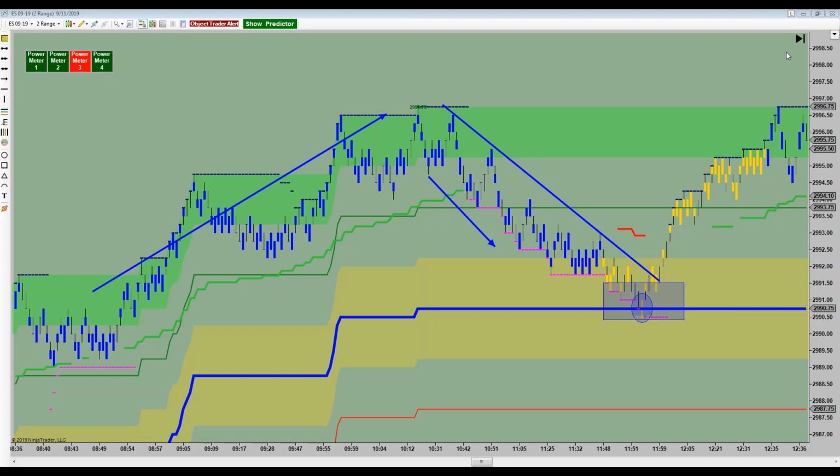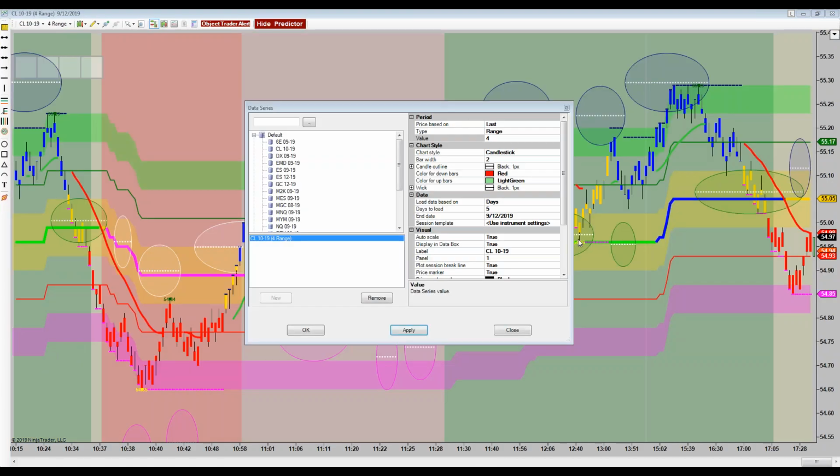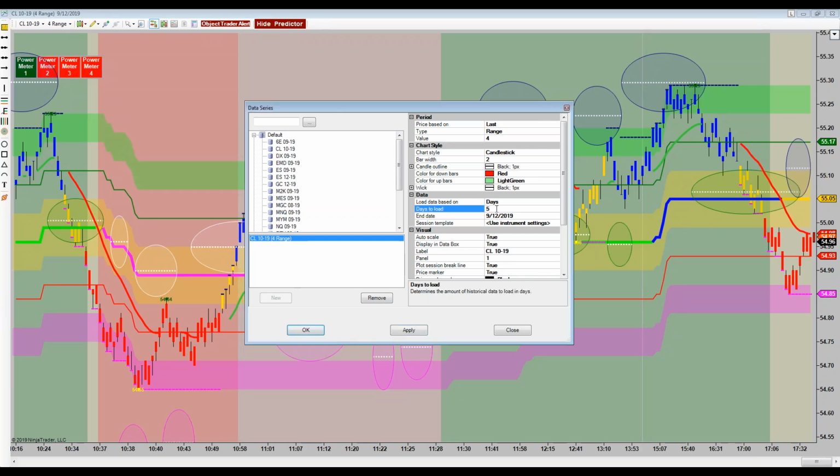Stand by. One thing as you load charts, I can just show you this real quick, it's going to help you out. When you got a chart that's going to have a lot of bars, you can see pretty much everything you need to see in the short term within, I would say, 3 to 5 days. If you want to go back further, where that sits is right here, days to load. Most charts, if you want short-term market analysis, you don't want to put 30 or 60 in there.